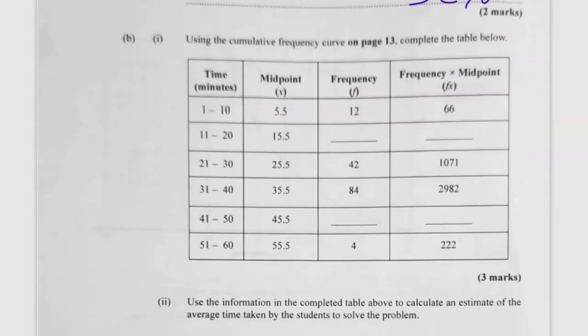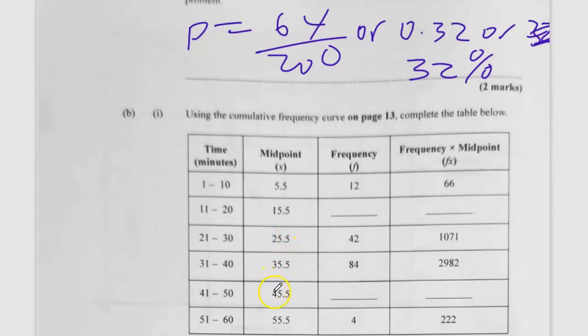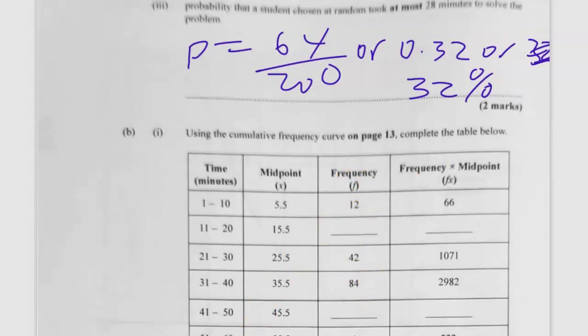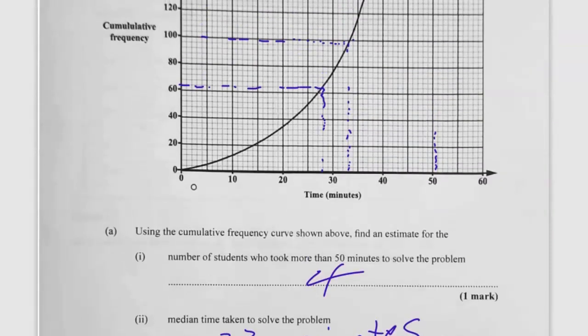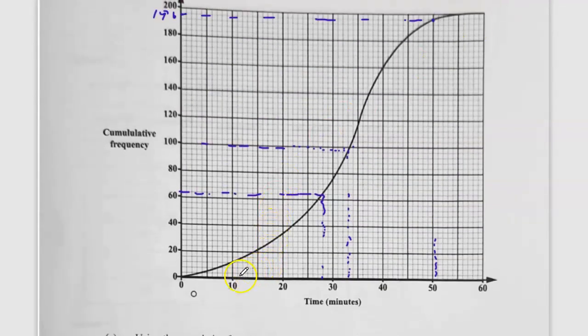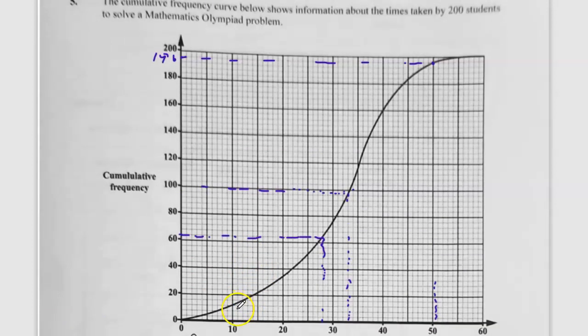Using the cumulative frequency curve on page 13, complete the table below. We're asked to complete the frequency table. Let's look at the cumulative frequency curve again. The first point was 10.5 to 12. The next one, use 20.